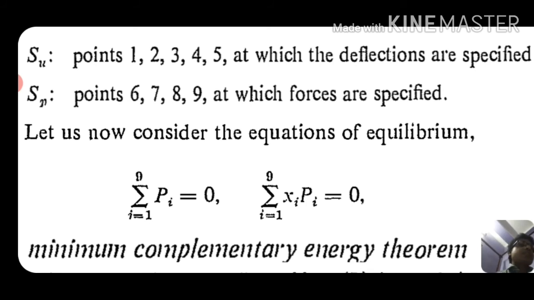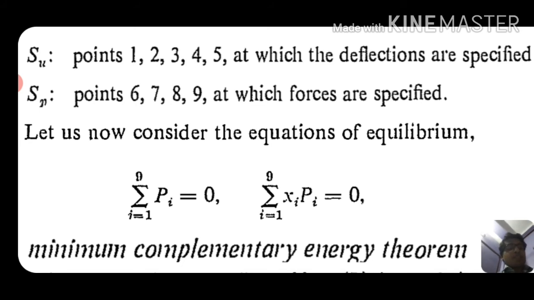Those on displacement are prescribed on Su. Here, sum of Pi equal to 0, and sum of xi Pi equal to 0, where xi is the moment arm of Pi about a point in the plane of the beam.